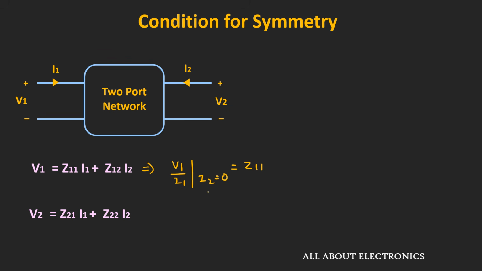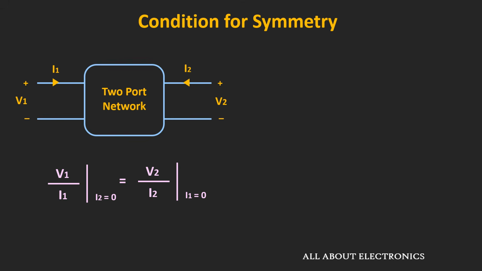And similarly, to find the ratio of voltage V2 and I2, let us assume that the current I1 is equal to 0, or port 1 is open circuited. So in this condition, when I1 is equal to 0, the ratio of V2 and I2 is equal to Z22. And for the symmetrical network, these two ratios should be equal. That means we can say that Z11 should be equal to Z22.